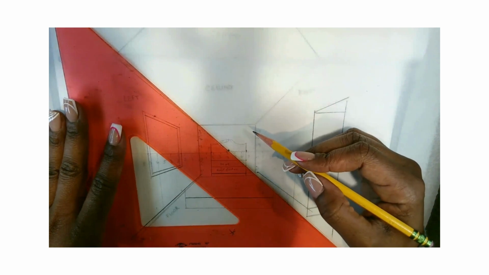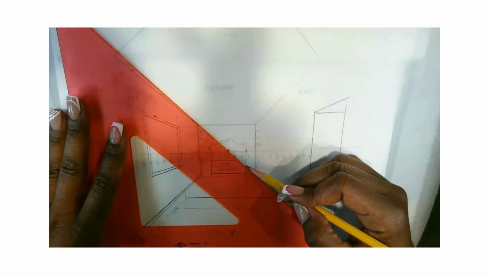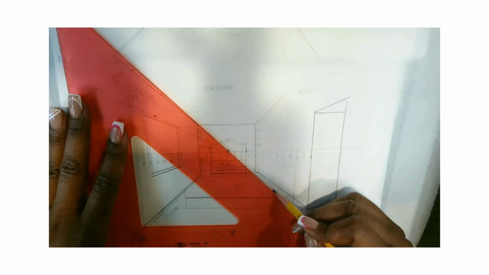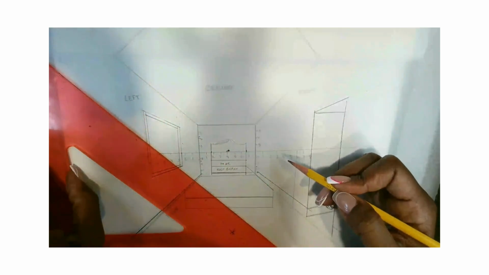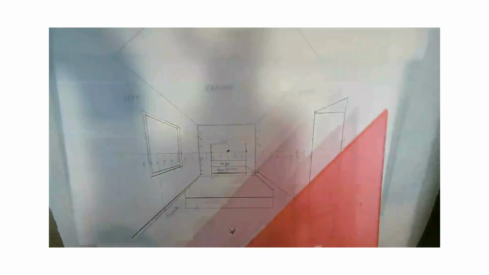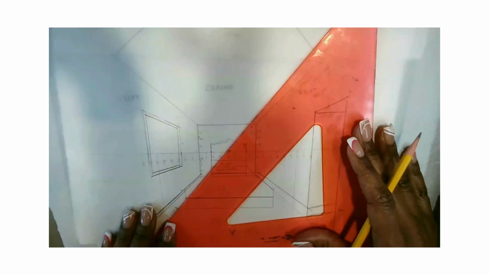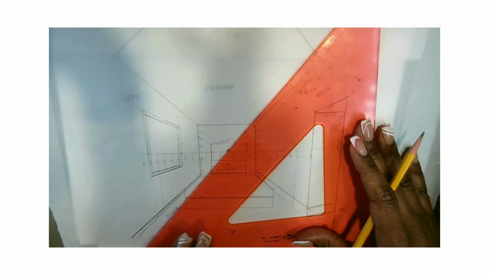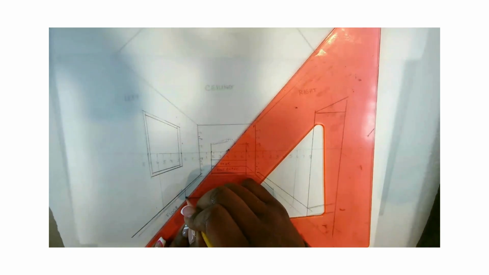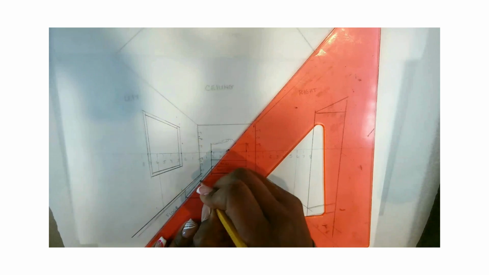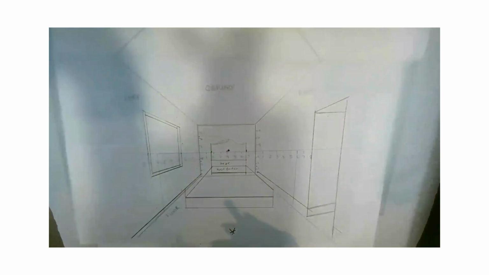The footboard to the vanishing point. And then I'm going to do that on the opposite side. Footboard from the vanishing point to the point of the footboard, and here we have our line. So we have something going on here.